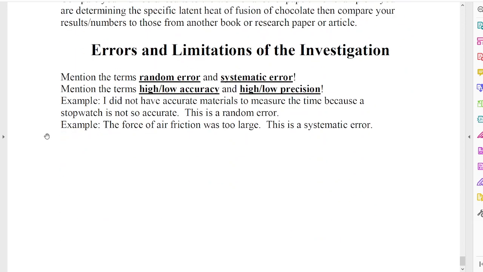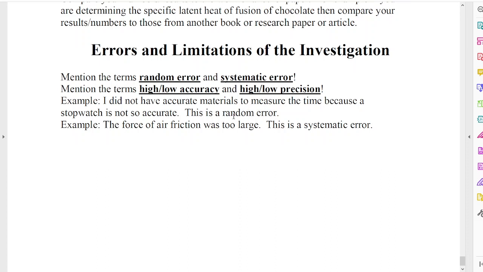Next section, we're going to talk about errors and limitations of the investigation. So mention the terms random error and systematic error. Mention the terms high or low accuracy and high or low precision. So example, I did not have accurate materials to measure the time because a stopwatch is not so accurate. This is a random error. So I just mentioned the term random error.